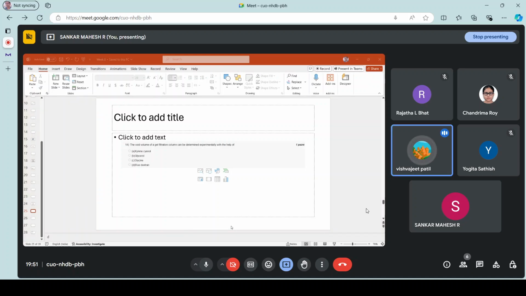Option D, blue dextrin. What is blue dextrin, Vishwajit? It is a dye. Blue dextrin is a dye, is it?